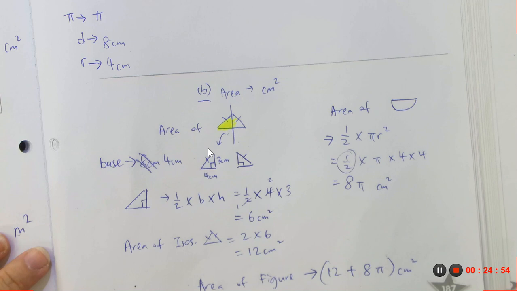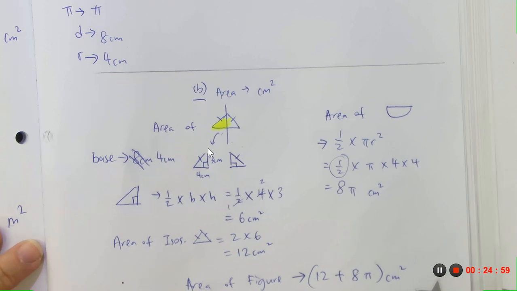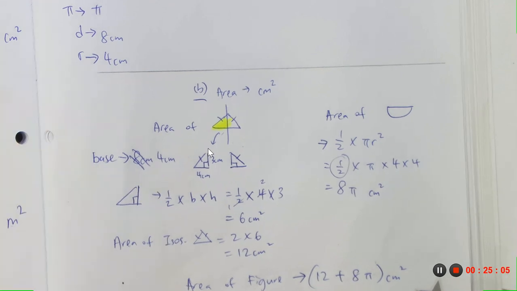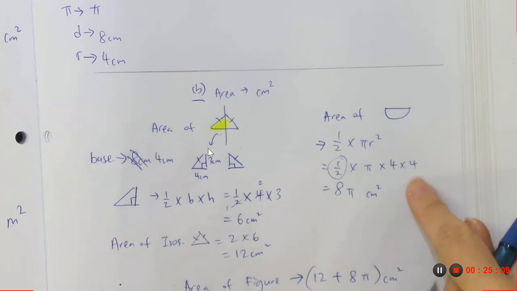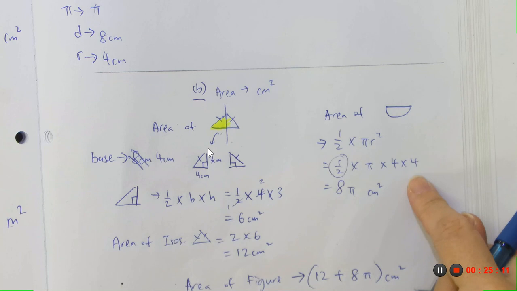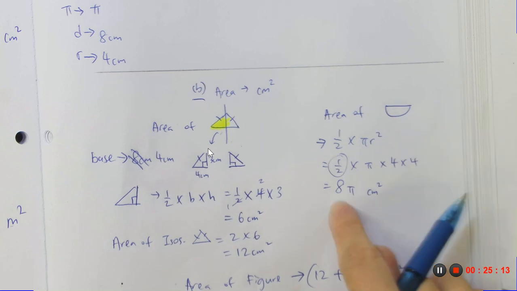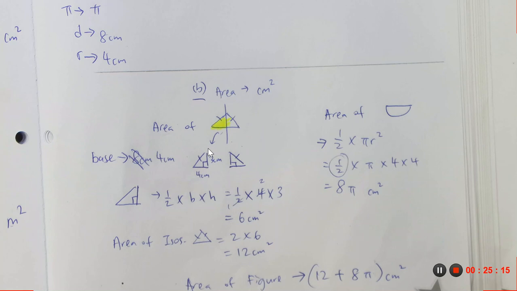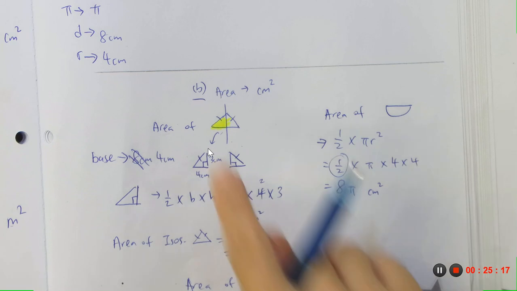So how is this question made difficult? It's made difficult by the triangle. Otherwise, the semicircle part is pretty easy, right? Half times pi r square, then 8 pi. Finish. And the triangle, that one is the hard one.